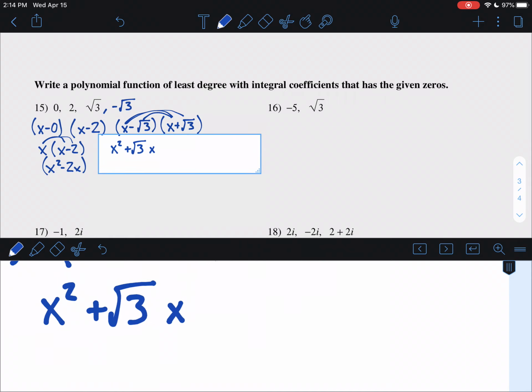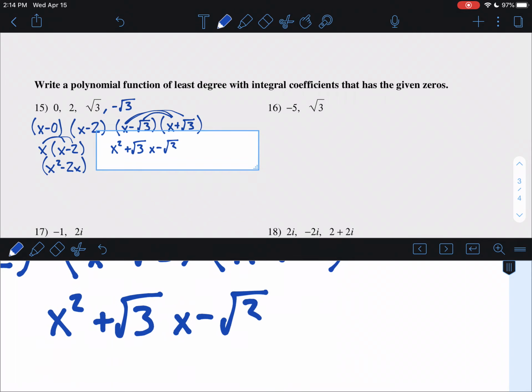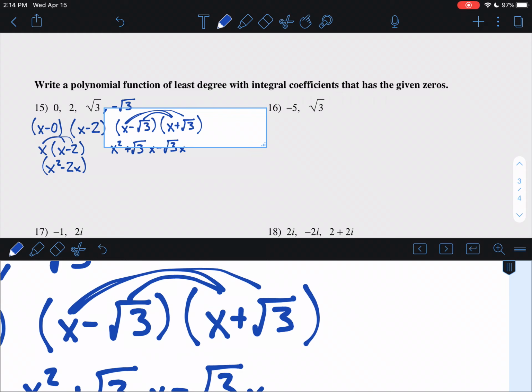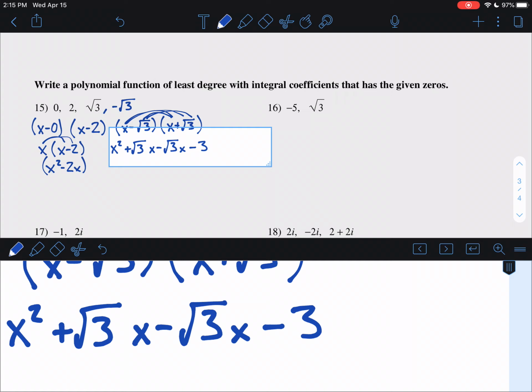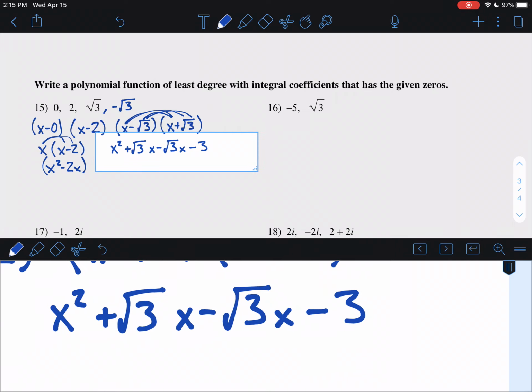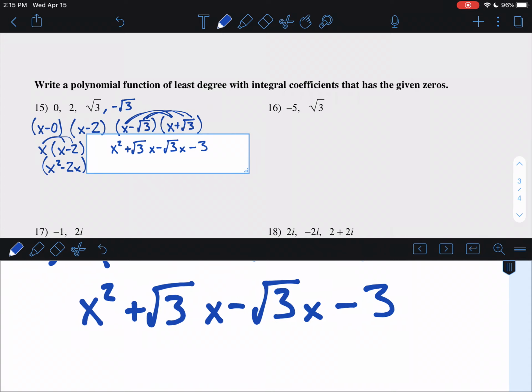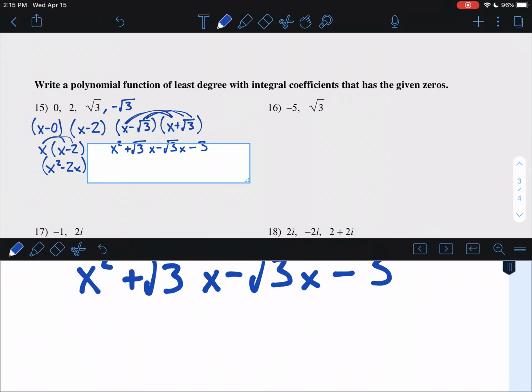Negative square root of 3 times x is minus square root of 3x. And then the negative square root of 3 times the square root of 3. Well, square root of 3 times square root of 3 is 3. And since it's negative, I got negative 3. So I have x squared plus square root of 3x, minus square root of 3x, minus 3. So now, once I combine like terms, square root of 3 minus the square root of 3 is 0. So this is going to give me x squared minus 3.